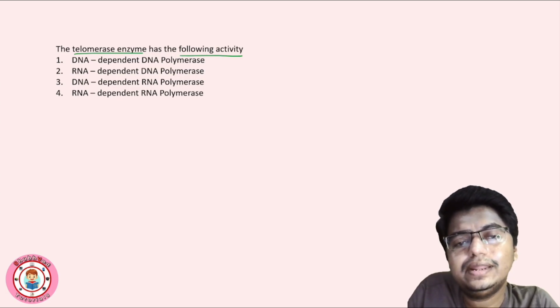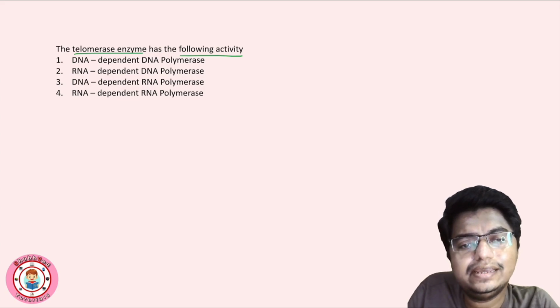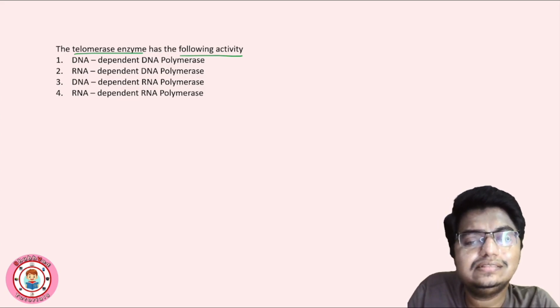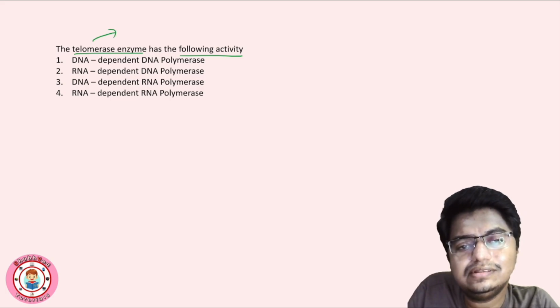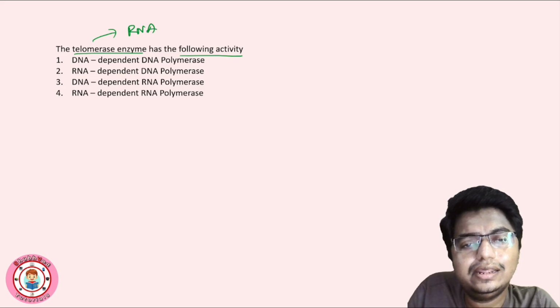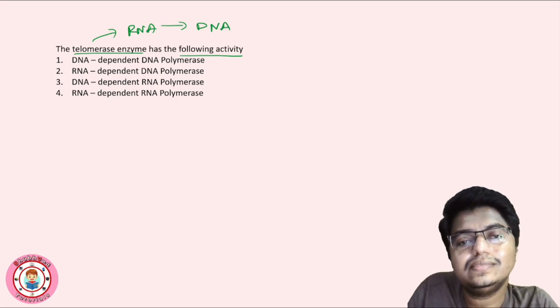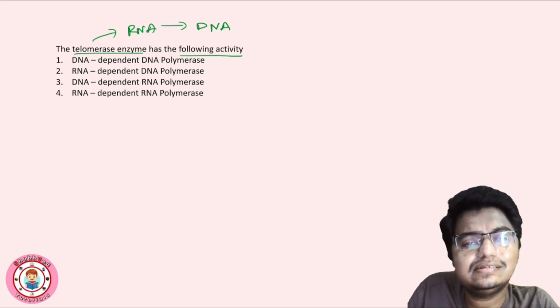Right? The telomerase enzyme has the following activity. Okay, telomerase, we know, does end replication. It synthesizes at the end of the DNA. So what is this? Basically this is with the help of RNA. Okay, and how is DNA made from RNA? By reverse transcriptase. And what is the reverse transcriptase called?